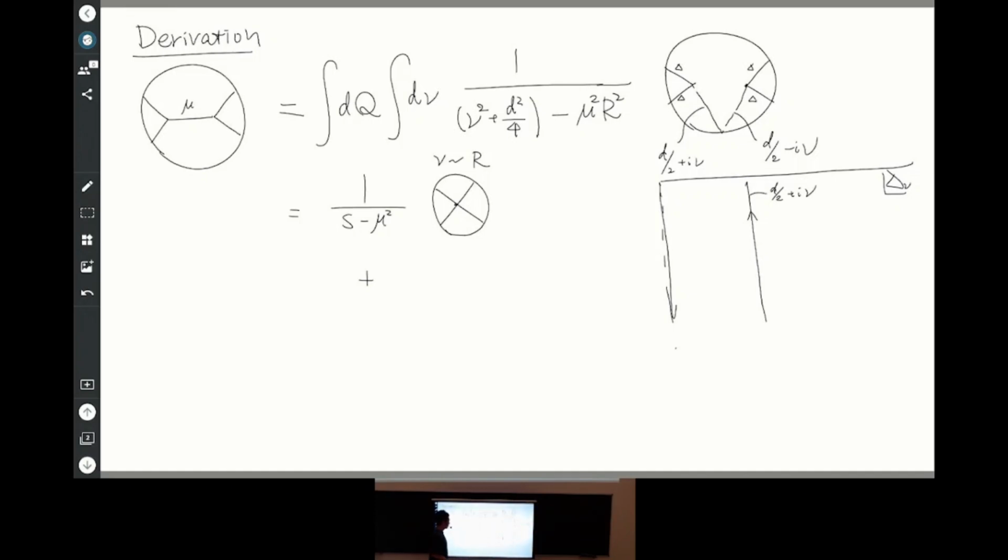And I said we want to evaluate this at the saddle point. However, oftentimes, especially for real, Euclidean z and z bar kinematics, the saddle point lives somewhere on the real axis.